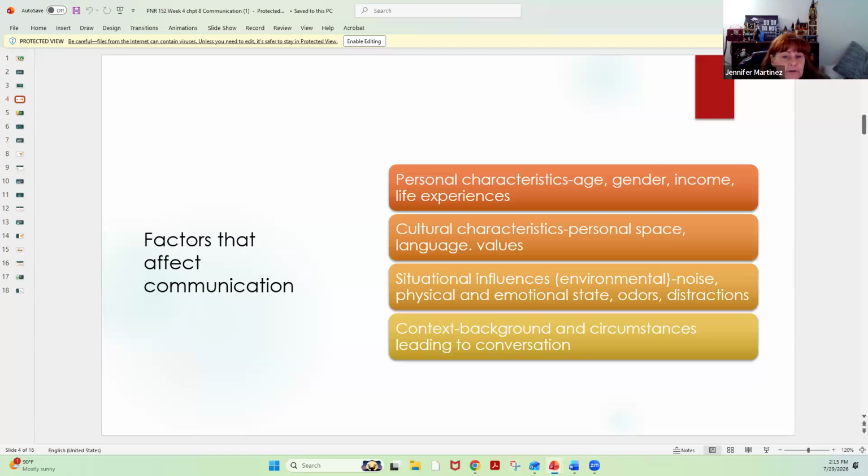Odors can be very distracting, and this is where we have to pay attention to our nonverbal communication, right? Especially walking into a resident's room or a client's room and they maybe have had a bowel movement or had some gas, right? And that odor hits you as soon as you walk in, right? We have to be able to control what our face is doing.